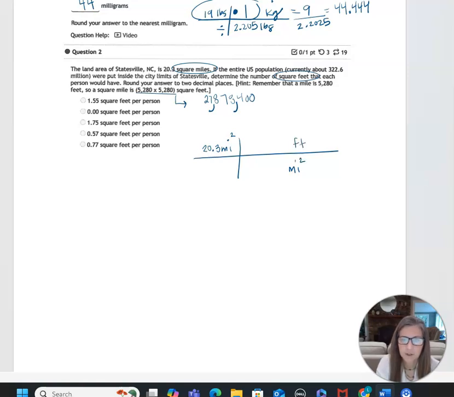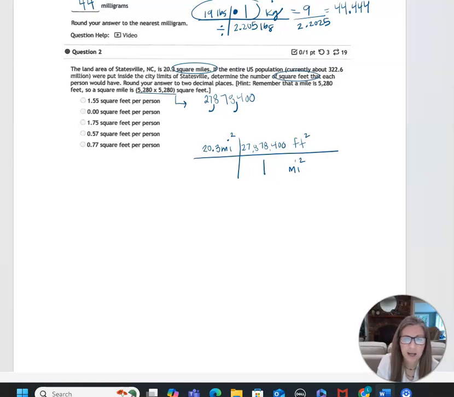That would put feet squared up here. Now we just figured this out. 1 square mile is this huge number, 27,878,400 feet squared. Again, this is really more practicing with large digits than anything else.